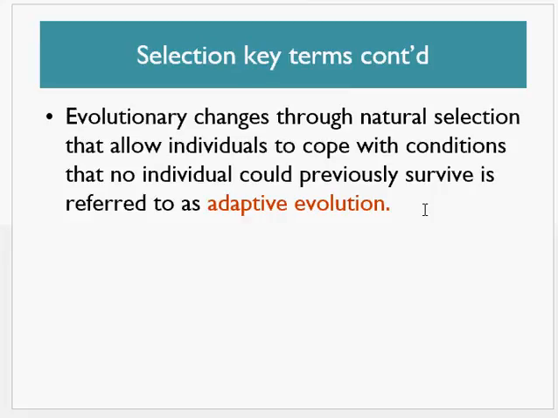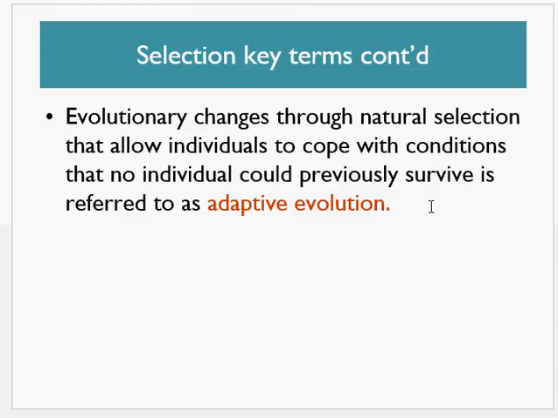Okay? But this is a term which you should know, adaptive evolution, and it basically states that selection through evolutionary changes allows individuals to cope with changes in environmental conditions gradually over time.